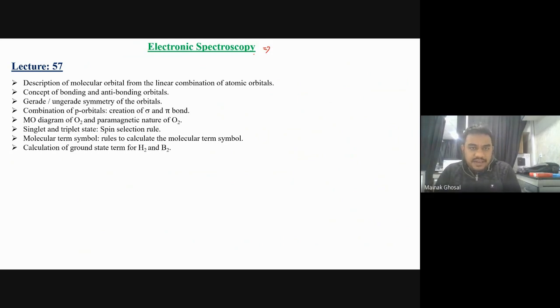But before the beginning of electronic spectroscopy, there was some discussion on the creation of molecular orbitals from atomic orbitals. That is, how molecular orbitals are created from the linear combination of atomic orbitals.